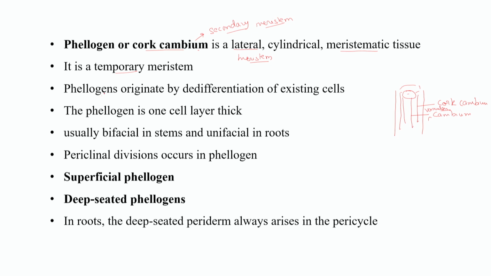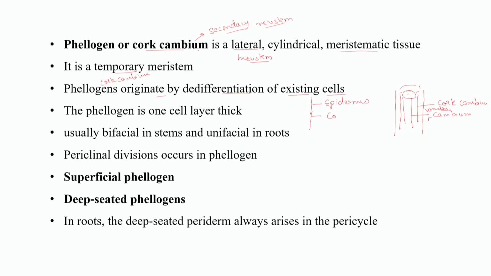Now phellogen originates by de-differentiation of existing cells. So what could be the cells which will give rise to this phellogen or the cork cambium? Definitely epidermis can give rise to cork cambium.